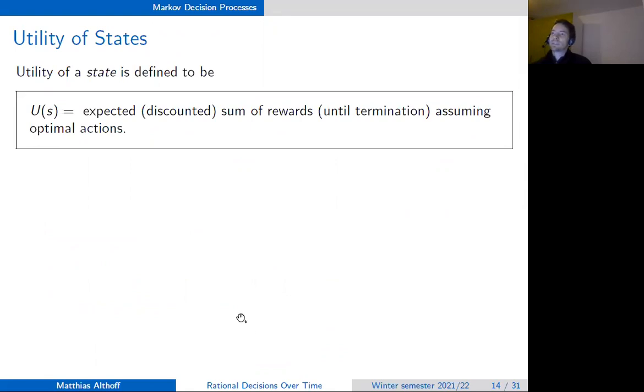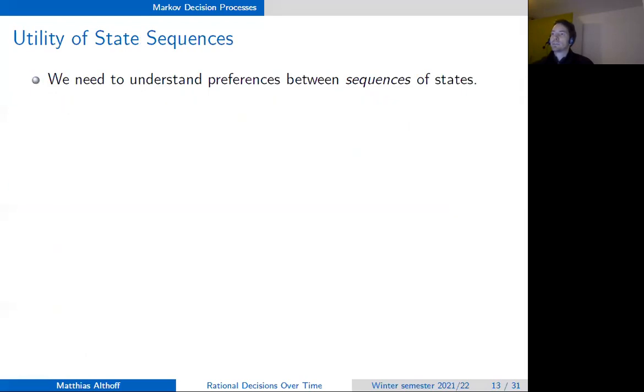So this is the main trick of the whole lecture. We will now say the utility of the state we're in now is the expected discounted sum of rewards, assuming optimal decisions from this state onwards. Let's look at this robot example again.